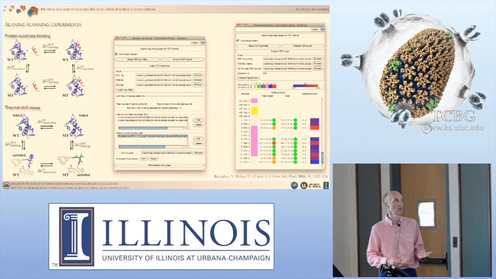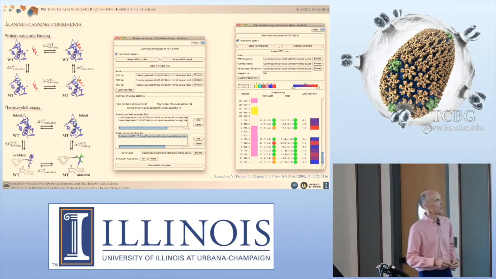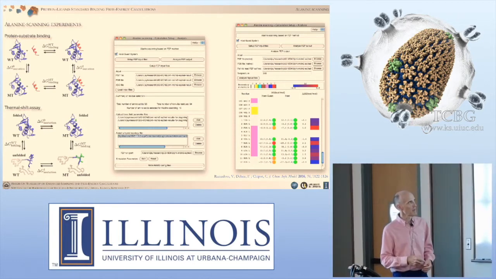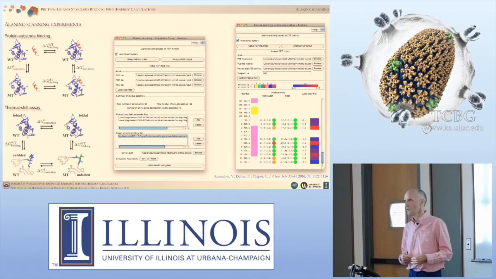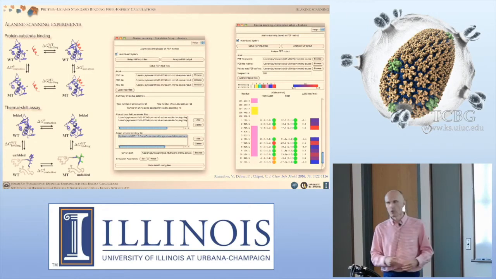I don't know if we did a very good job, but the idea with this tool is that you enter your PDB file, your PSF file, your XSC file for the protein-ligand complex, and the tool will generate the assays for the alchemical transformation, so the amino acids that you will transform into alanine.